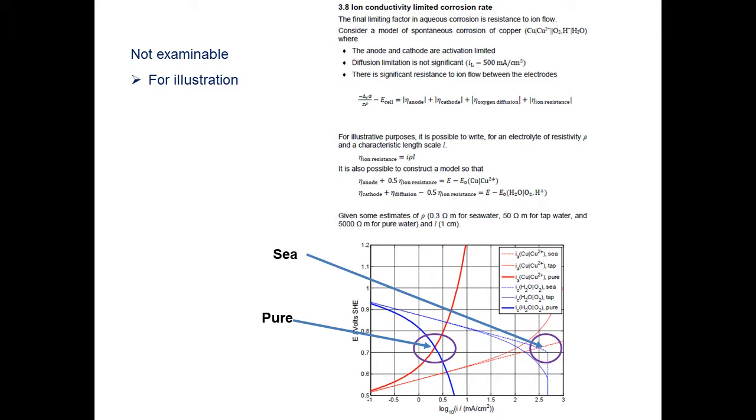Then if we consider that, we can computationally solve what happens, and we can get a graph.